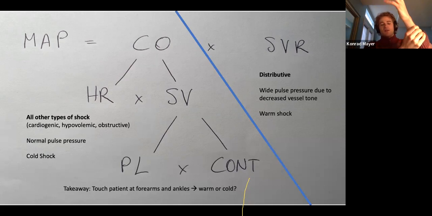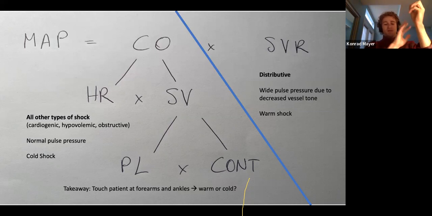So it doesn't really matter if our arms are really strong. So the systemic vascular resistance goes up, no more blood goes to the hands, so our wrists and this area are cold. So if somebody is cold, we know that they have a problem with cardiac output.